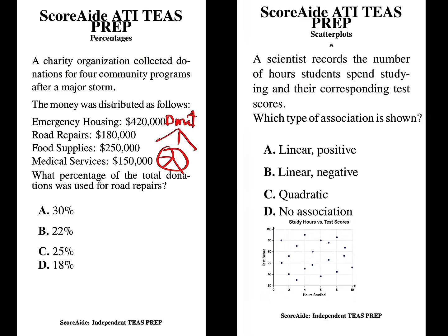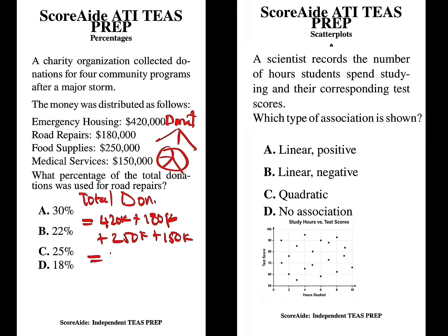Now, with that being said, we are looking for the percentage of road repairs, right? So let's look for the total donation. Total donations is going to be equal to, so permit me to use K here, 420K plus 180K plus 250K plus 150K. You see that this is going to add up to $1 million.